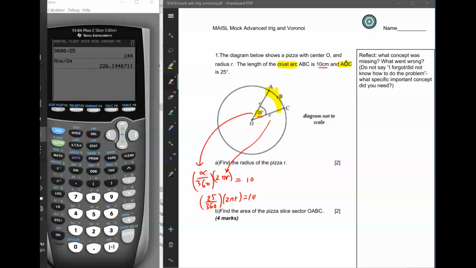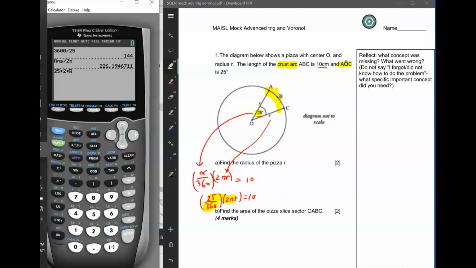The easiest way to do this is to take all the parts that are numbers, everything except for r, and combine them into one number so the algebra is a little easier. So I'm going to multiply 25 times 2 pi r.